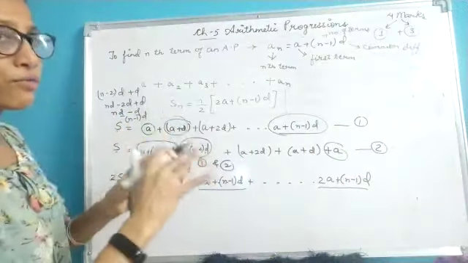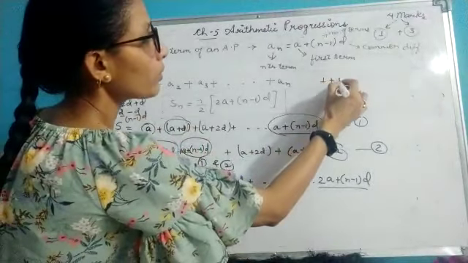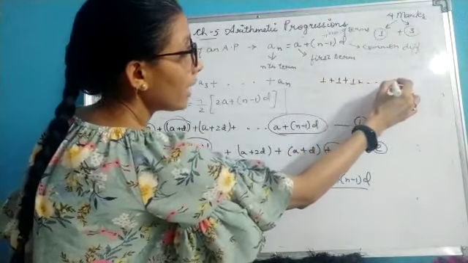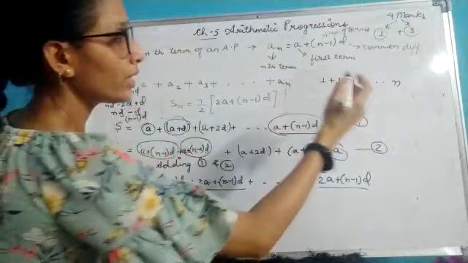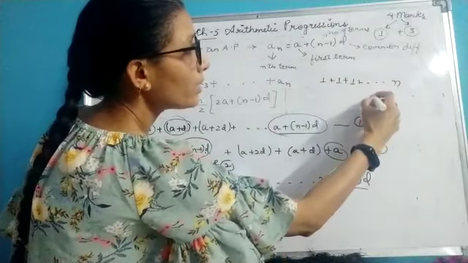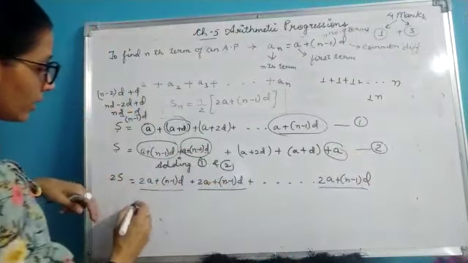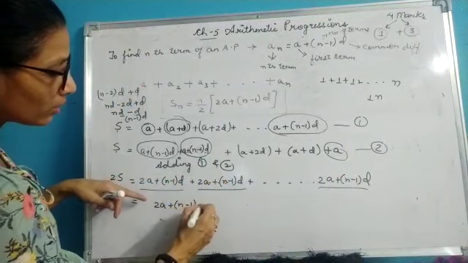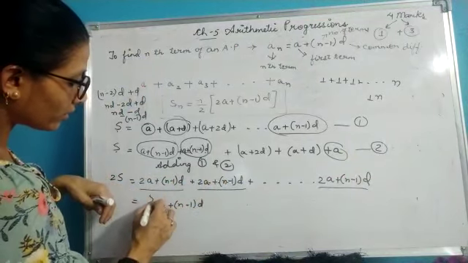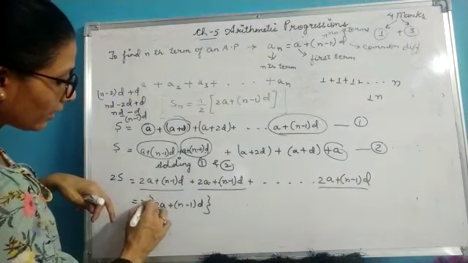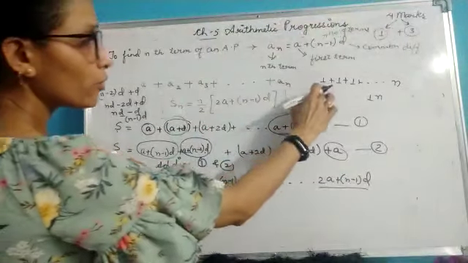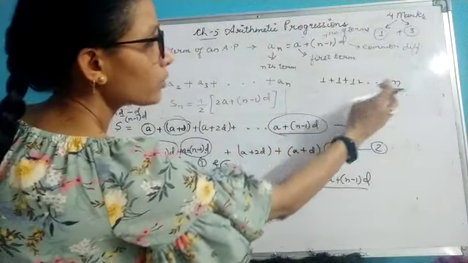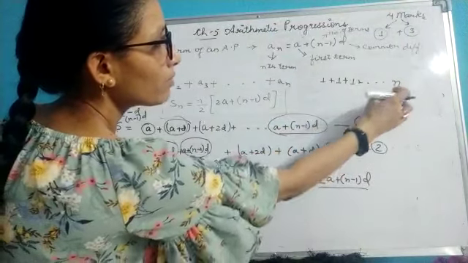That means if you are adding 1 plus 1 plus 1 plus 1 up till nth term, then you will be getting 1 into n. So simply here I can get it as 2a plus n minus 1 into d into n. This complete is multiplied with n. So if you add any number n times, then you will be multiplying the number with your n.